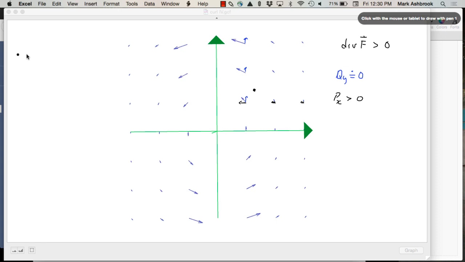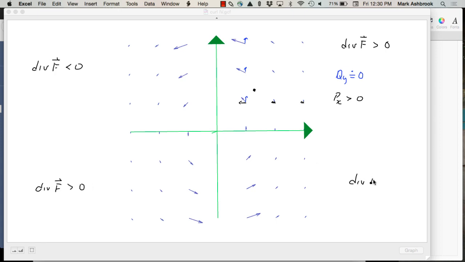Did anyone come up with the second quadrant? What do you think? Negative? That's what I'm hearing. Does that agree with that? Third quadrant? Positive? Fourth quadrant? Okay, good. You guys have consensus? So now, prove it. Prove all this guesswork that we did.